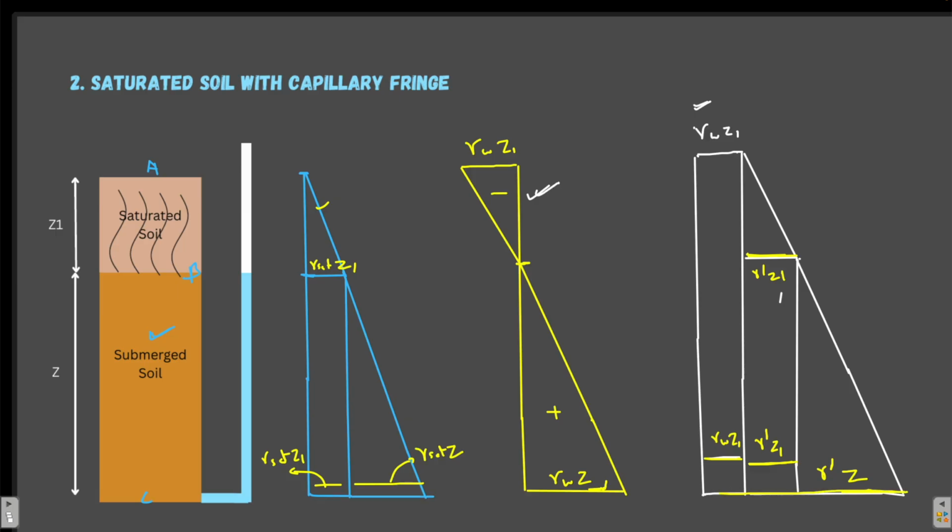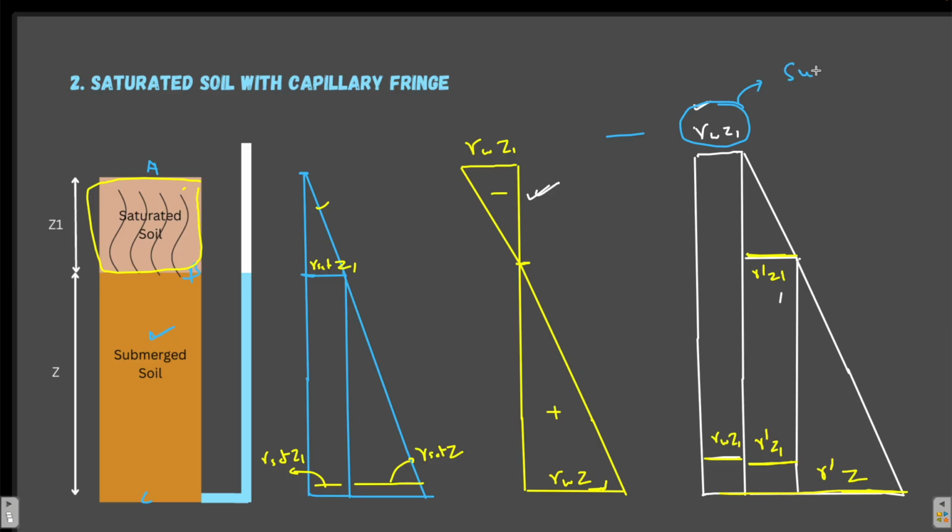Now this is a very important concept, that whenever a capillary fringe is acting anywhere in the soil, the stress diagram is like this. And here you can consider that the pore water pressure due to the capillary fringe, that is gamma W into Z1, acts as a surcharge.